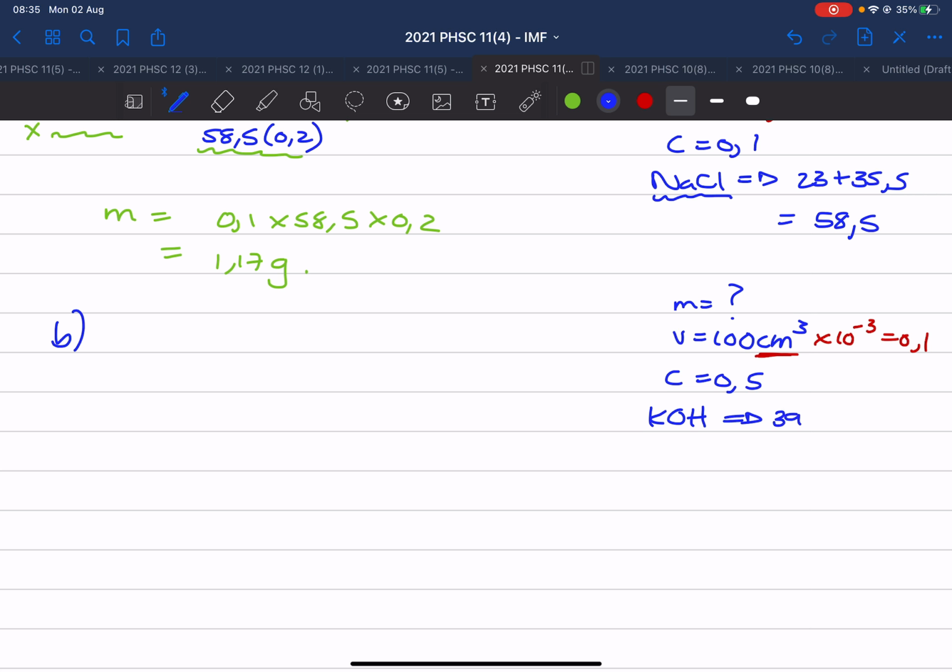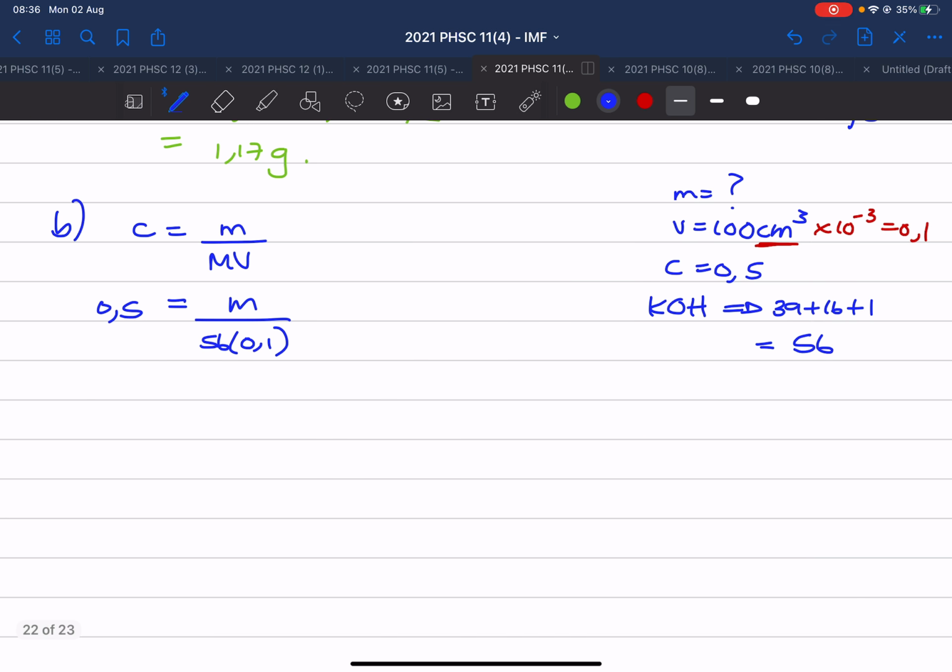So that is 39 plus 16 plus 1 and that gives you 56 if I'm not mistaken. So concentration is mass over molar mass times volume. So that is 0.5. We want the mass. The molar mass is 56 and the volume is 0.1. Right, again, the mass is at the top. We're happy with that. We must get rid of that. How do we do that?